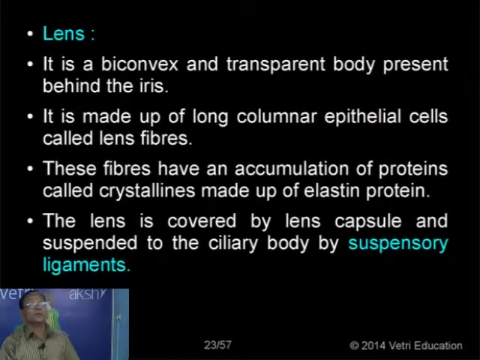Now the lens. It is a biconvex transparent structure, placed behind the iris. It is made up of long columnar epithelial cells, called lens fibers.